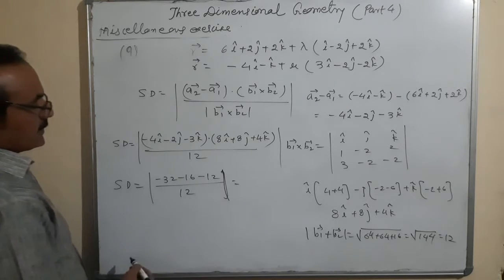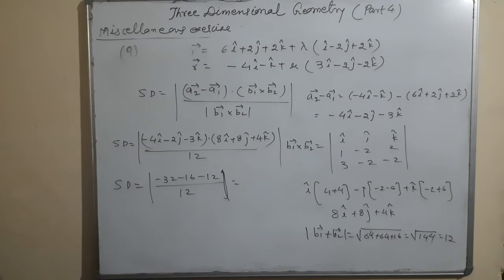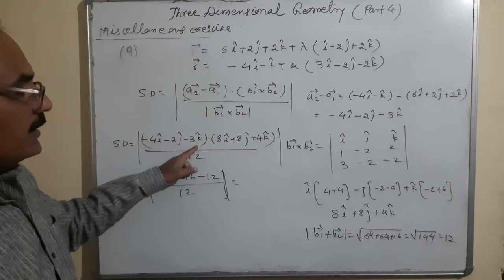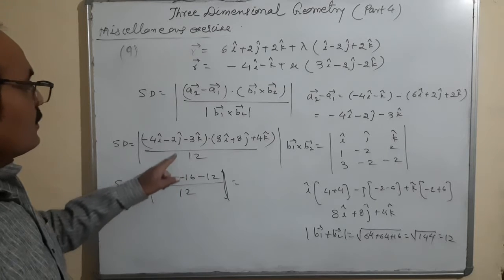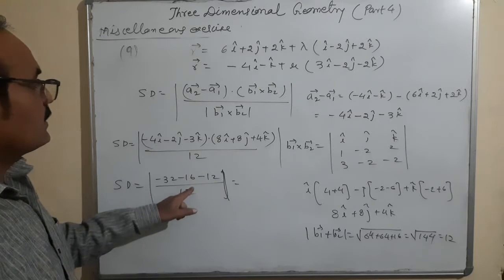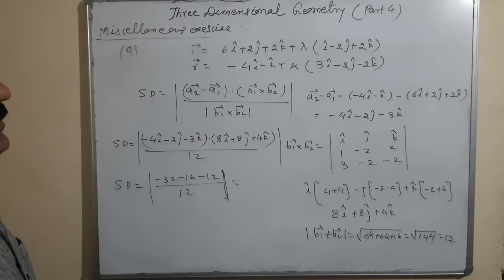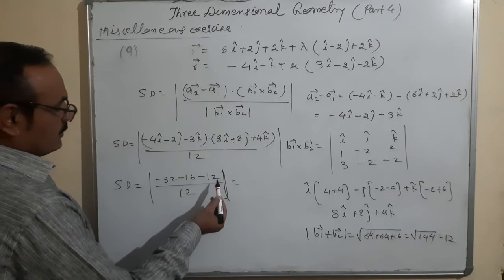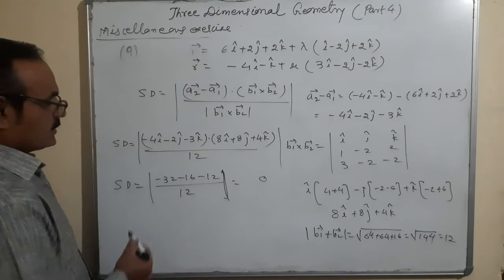Just a minute. 4 minus 2 minus 3, it is 8, 8 and 4. What is the result?